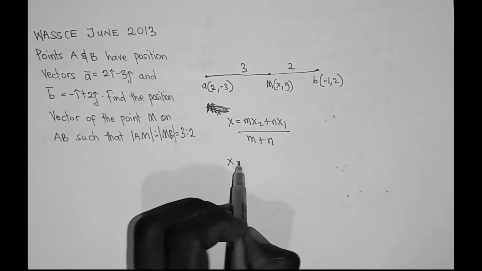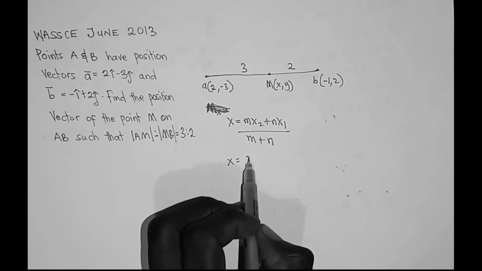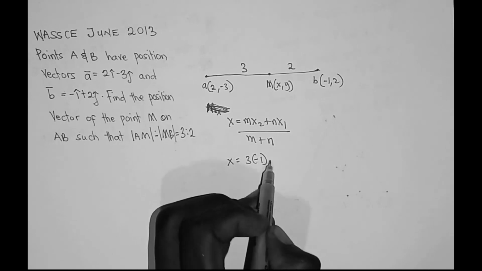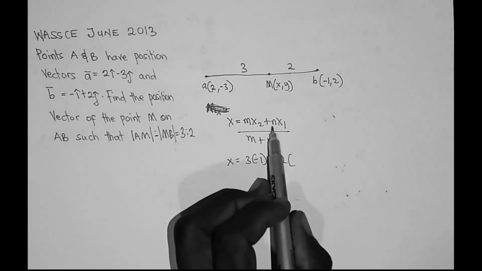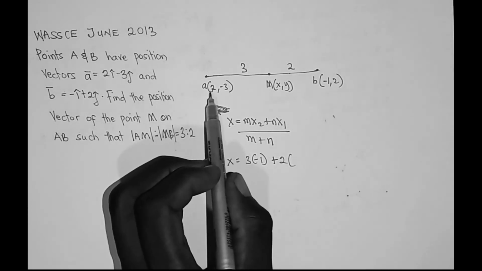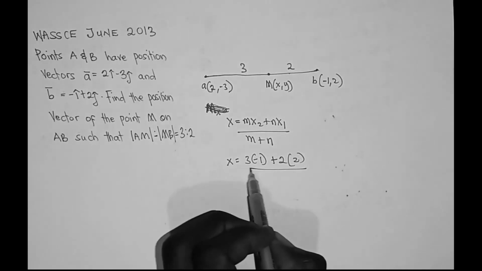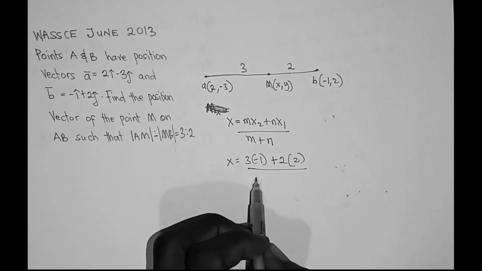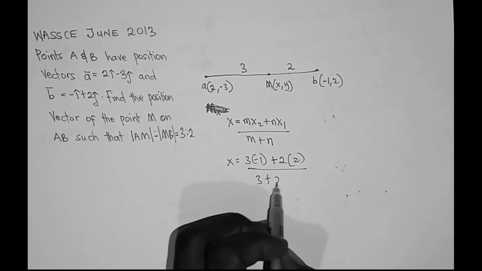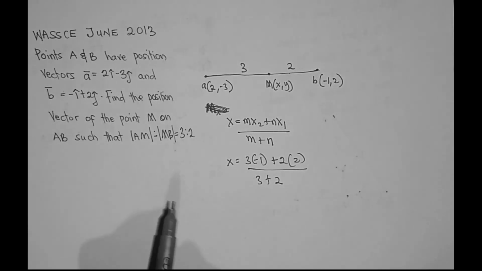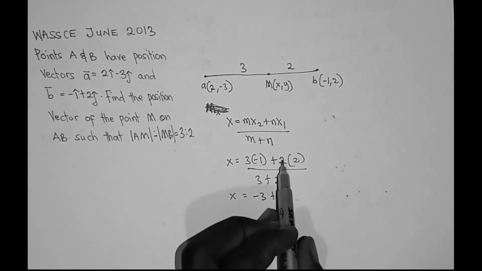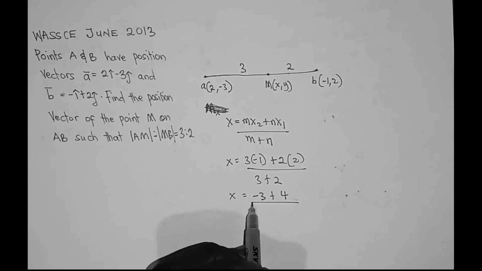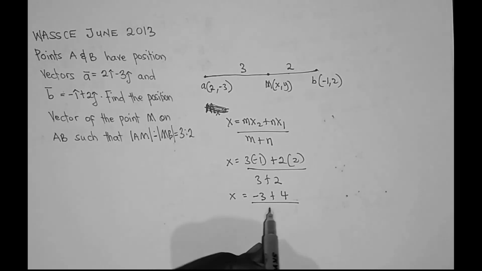So x is equal to 3 times minus 1 plus 2 times x1, which is 2, divided by m plus n. m is 3 and n is 2. 3 times minus 1 is minus 3 plus 2 times 2 is 4, divided by 3 plus 2, which is 5.